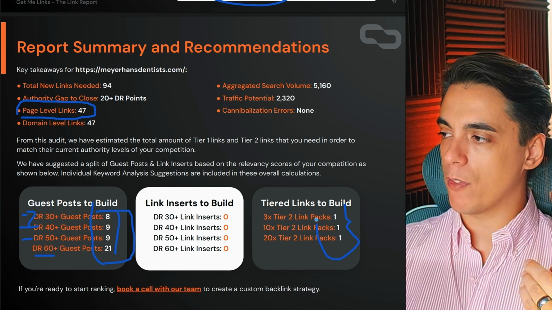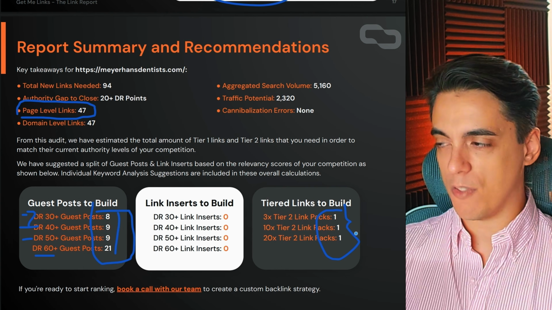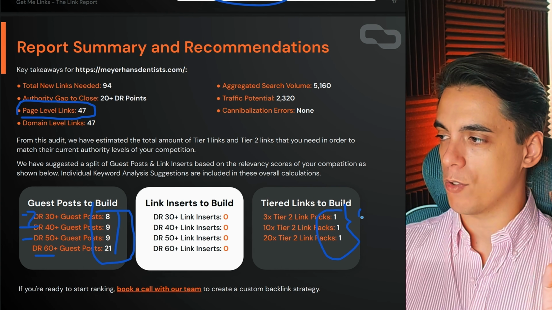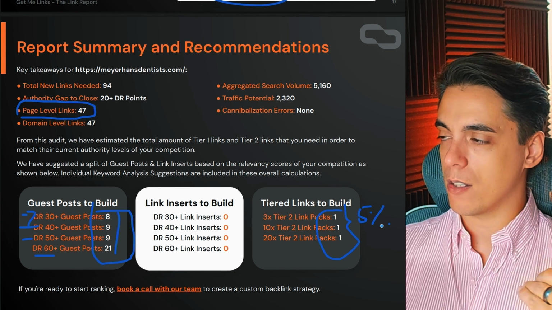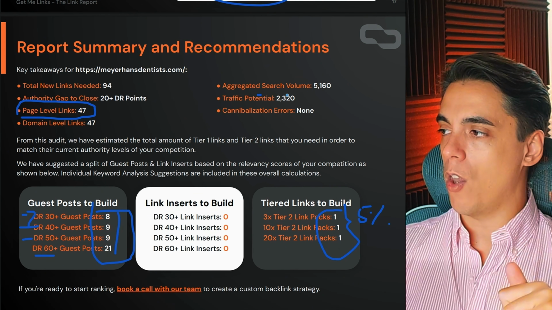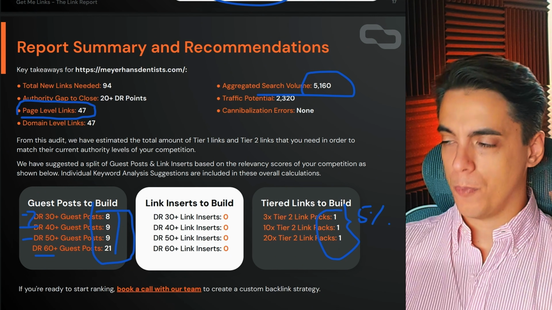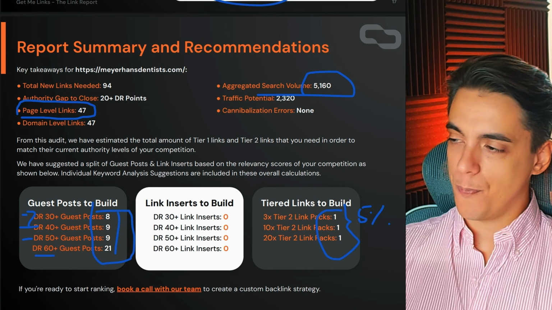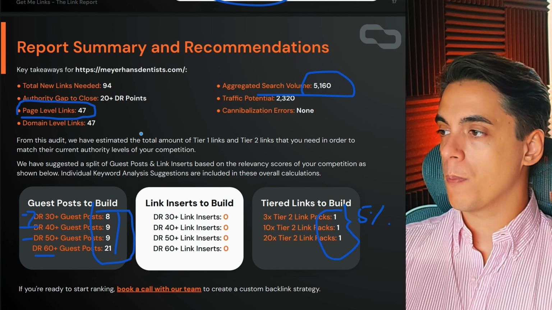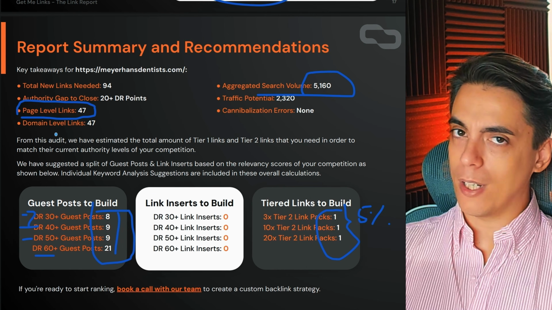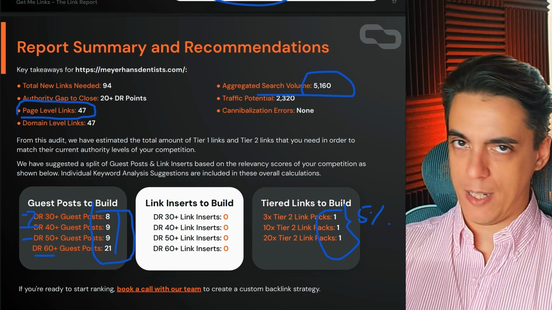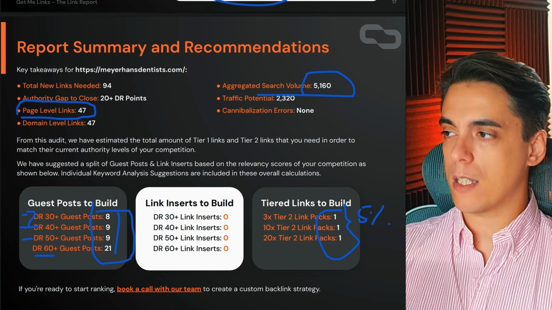Recommended, of course, a bit of support in tier 2 domains on this first round. That's fine. It's going to be literally like just 5%, if not less, of the equation here. A lot of search volume, so there's definitely going to be a lot of leads. And given the niche, very, very high earnings related to this, long lifetime value as well. Once you find a dentist that you trust, you just stick with that dentist, right?